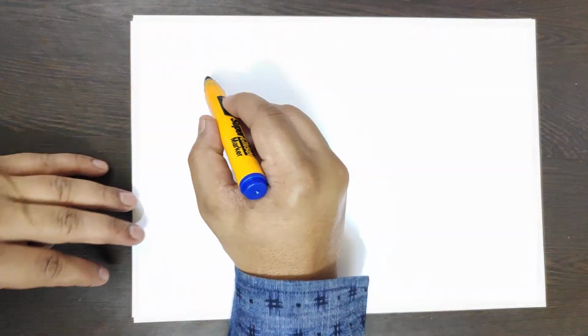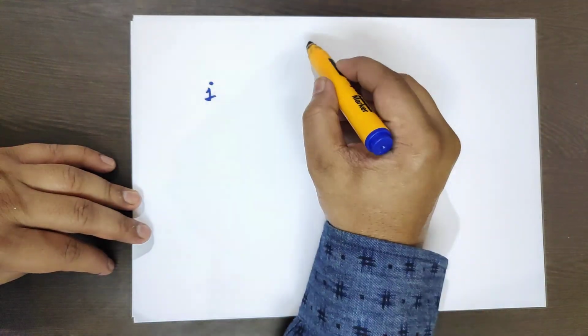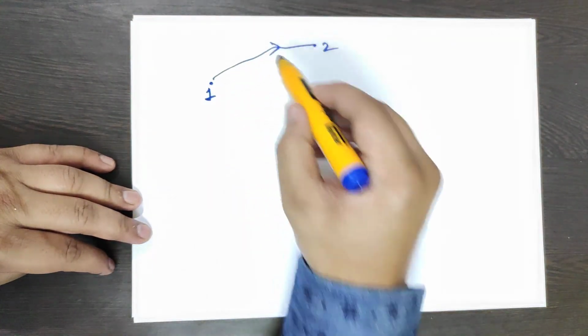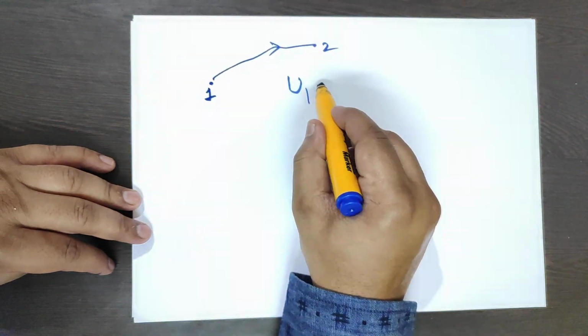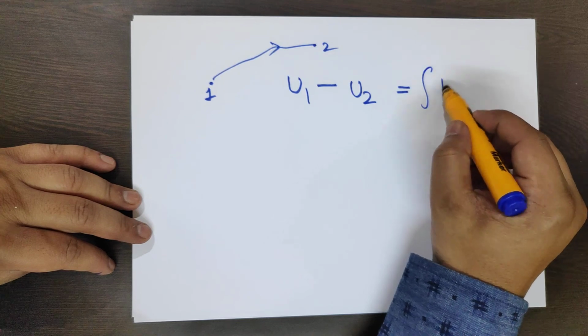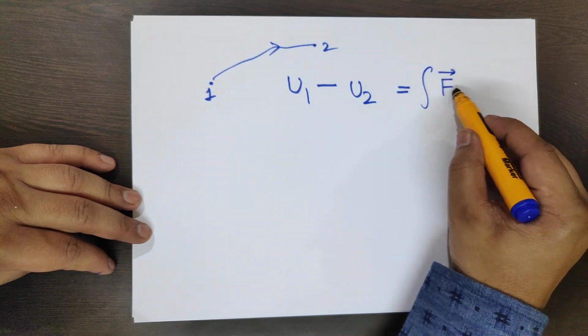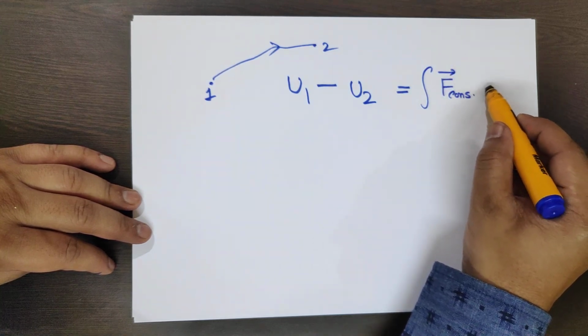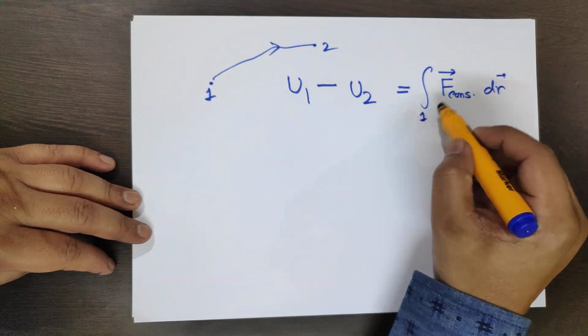So, it is potential energy divided by the charge. We know from the definition of potential energy, if you have 2 points 1 and 2, the difference in potential energy U1 minus U2 is equal to the integration of F conservative dot dr from 1 to 2.